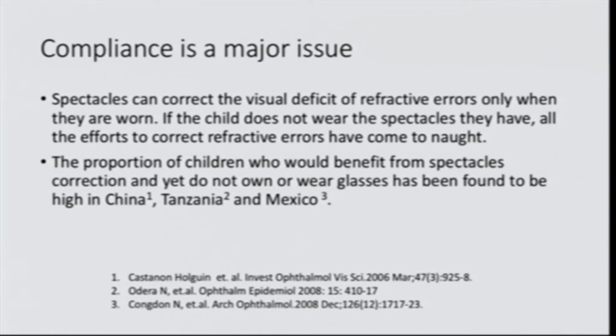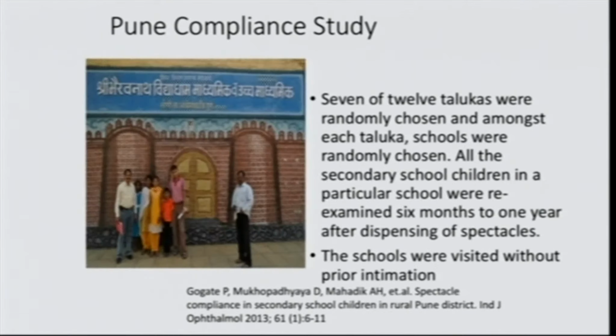Spectacles can correct the visual deficit of refractive errors only when they are worn. If the child does not wear the spectacles they have, all the efforts to correct the refractive errors have come to naught. And the proportion of children who would benefit from spectacle correction and yet do not own or wear glasses has been found to be high in almost all countries, in the developing and the developed world.